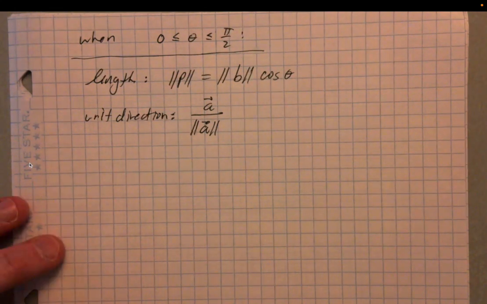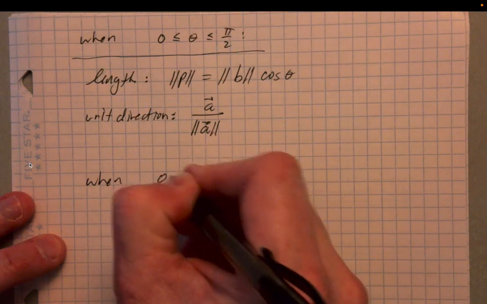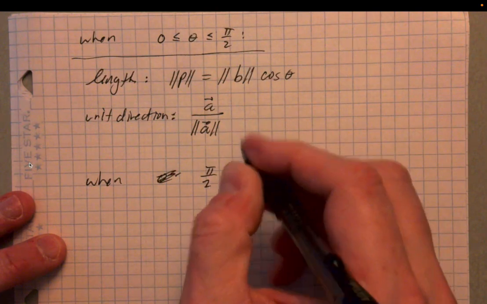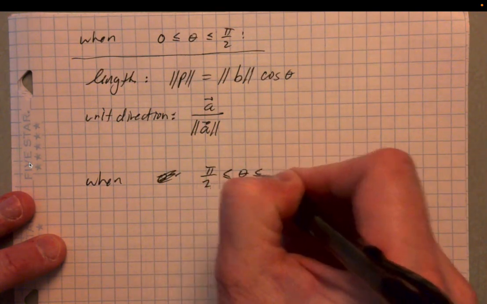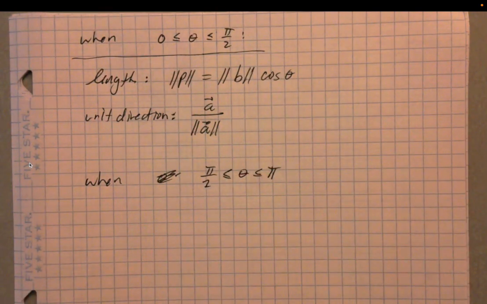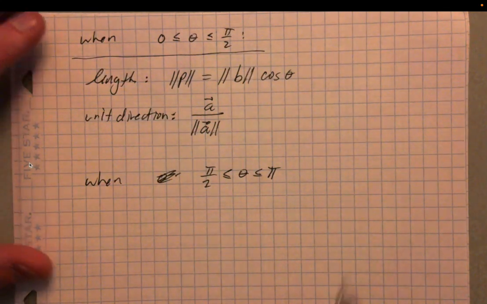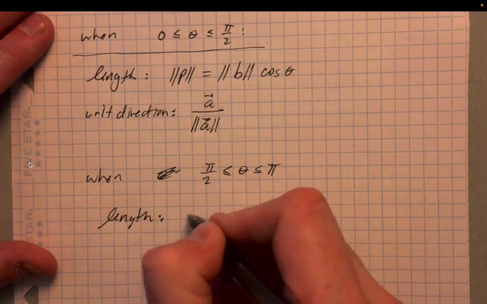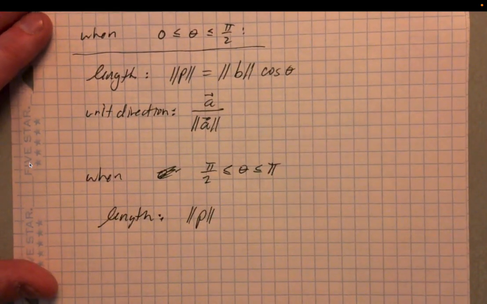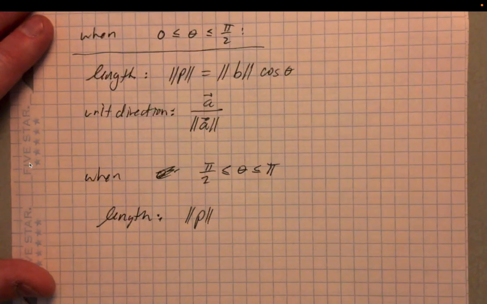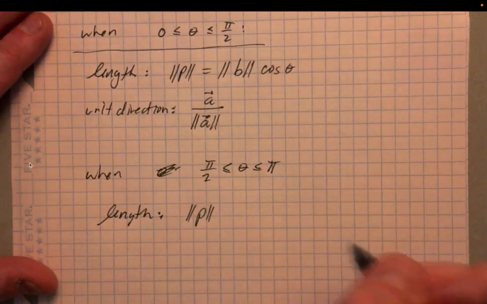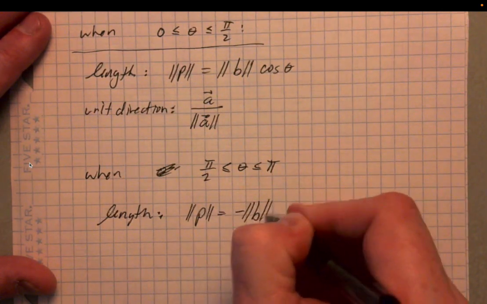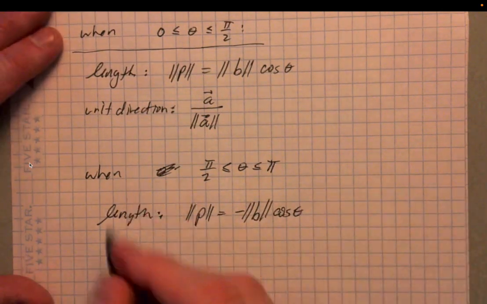What happens when theta is greater than pi over 2, i.e. an obtuse angle? Well, in that case, the length is going to be similar, except it's just going to be negative, isn't it? It's still going to be B times cos theta, but it's going to be in the second quadrant, so it'll be negative. And what about the direction?